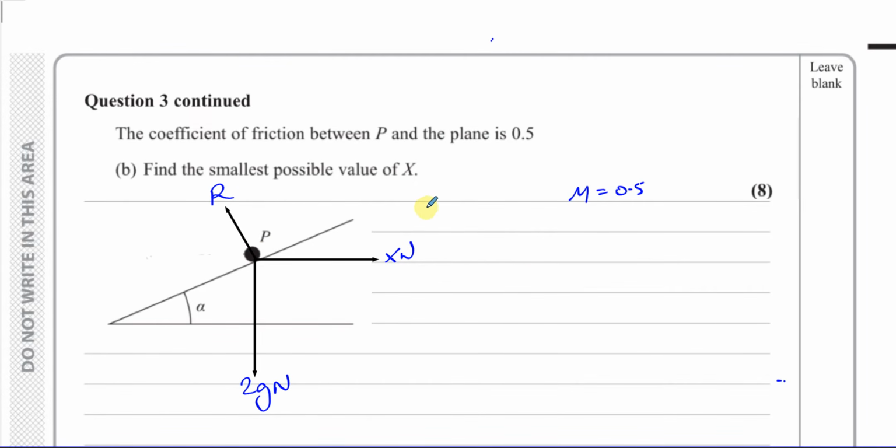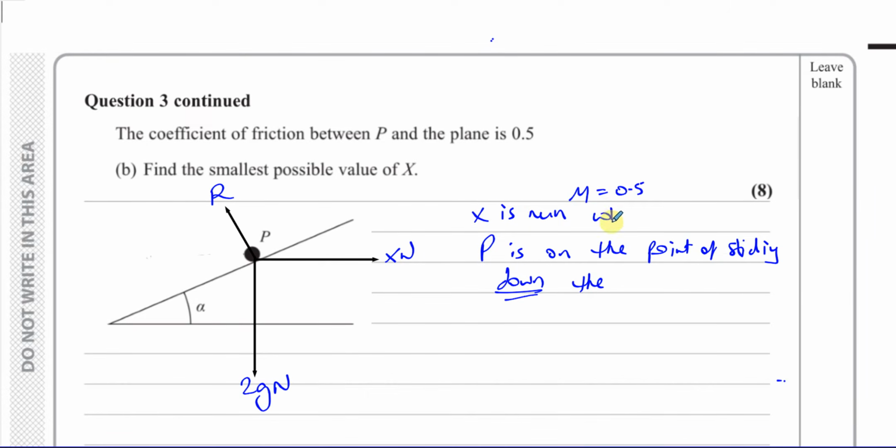So we have to look at the situation where P is on the point of sliding down the plane. That's when x is a minimum. x is a minimum when P is on the point of sliding down the plane.